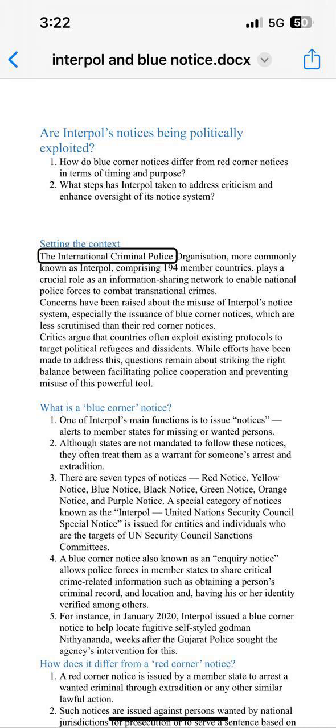Now coming to the last color notice, that is purple color notice. Purple color notice is the one through which the country can seek or provide the information on those offenders who have taken shelter in another country temporarily or permanently.